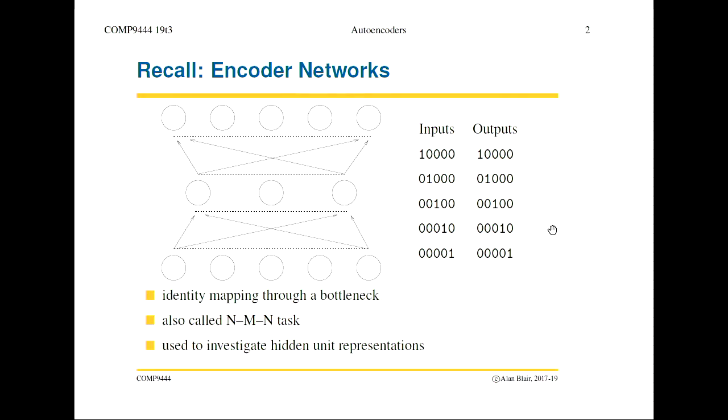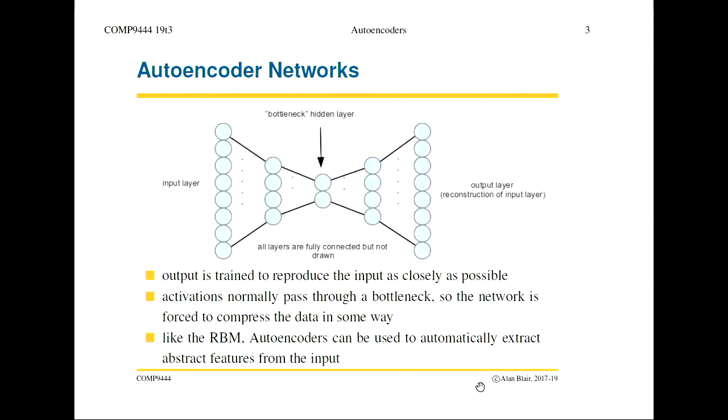And the task was just to get the output to reproduce the input, but there was a bottleneck in the middle. The number of hidden nodes was smaller, so the network was forced to do some kind of compression in order to achieve the task, right?